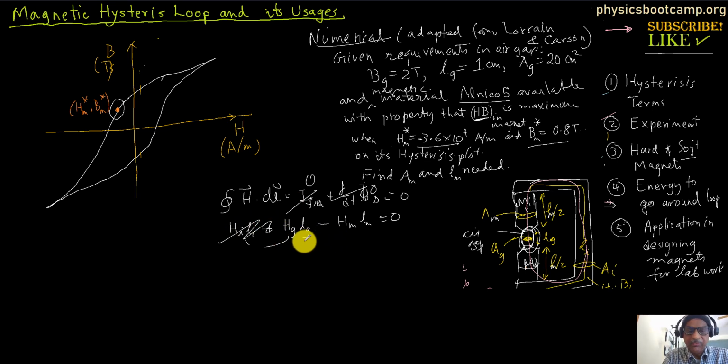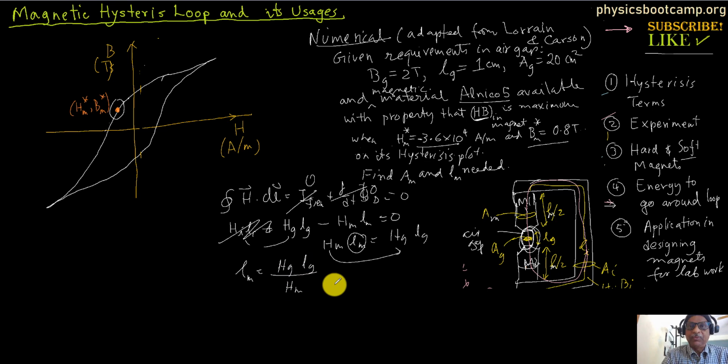And so I should be able to get Hm Lm equals Hg Lg, and I want Lm, so this is going to be on the other side. Lm is just going to be Hg Lg over Hm.